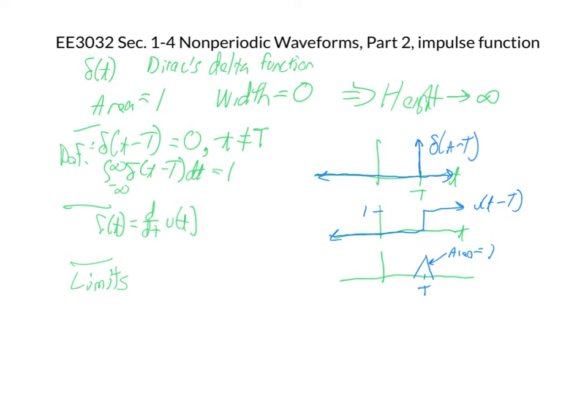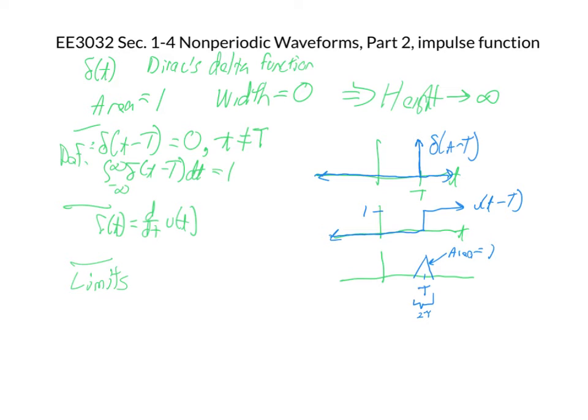Now, the base of the triangle, so it's going in the positive and negative direction along there, is going to be 2 tau. So we have capital T plus tau and capital T minus tau are the two edges of the base of that triangle.